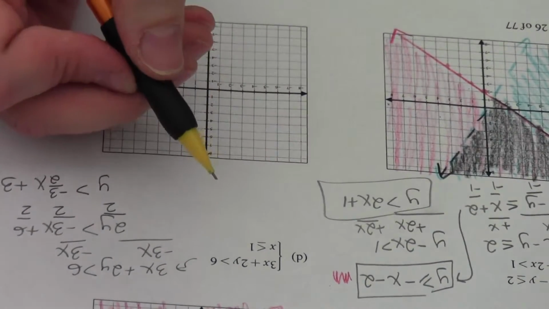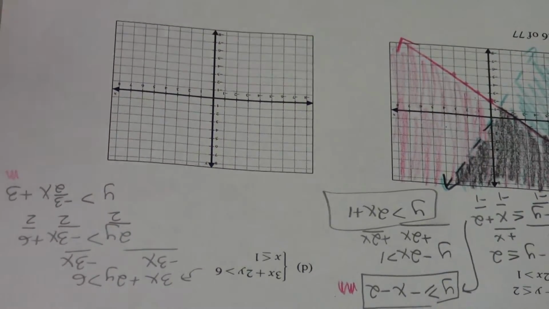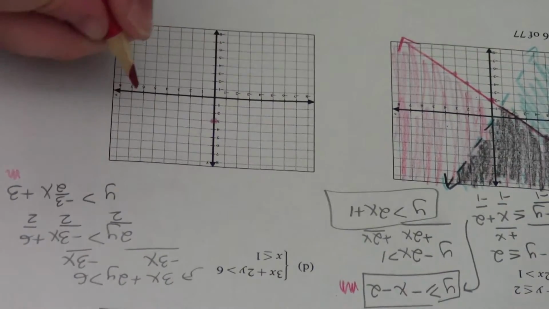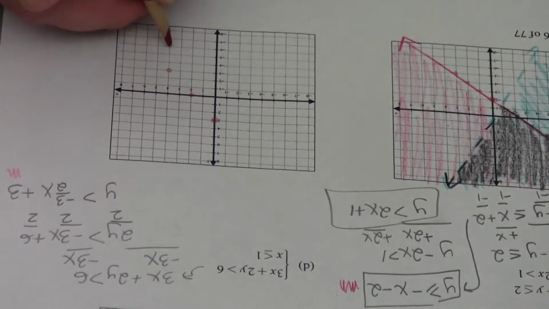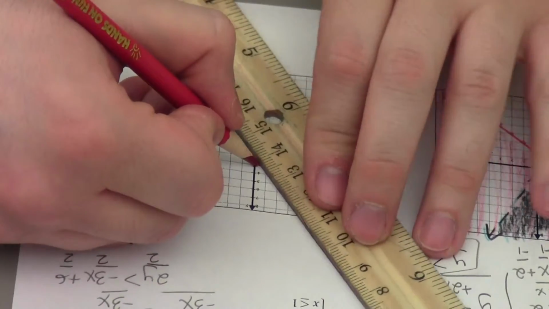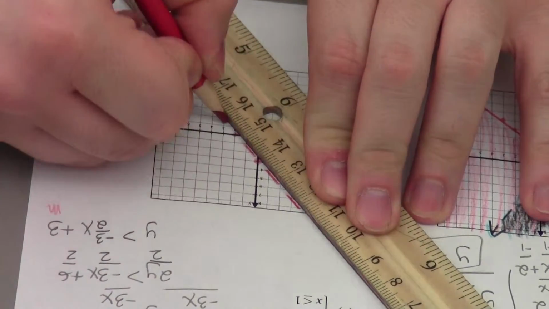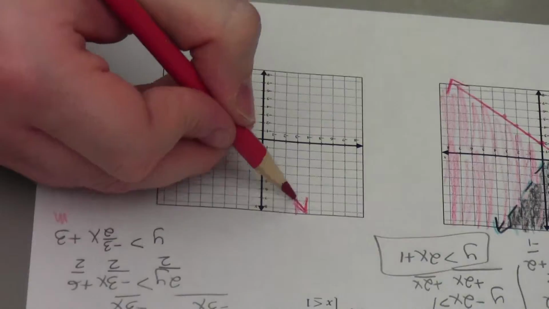And that second one's already okay. I'll deal with that one in a moment. But to graph that first inequality, we'll start at 3. We'll go down 3 over 2, down 3 over 2, down 3 over 2. Dashed line. And it's greater than, so I'm going to shade above the line.